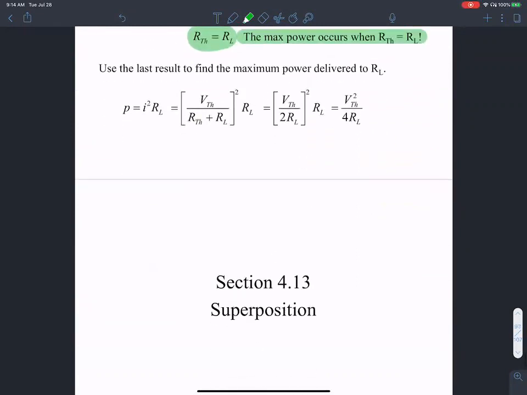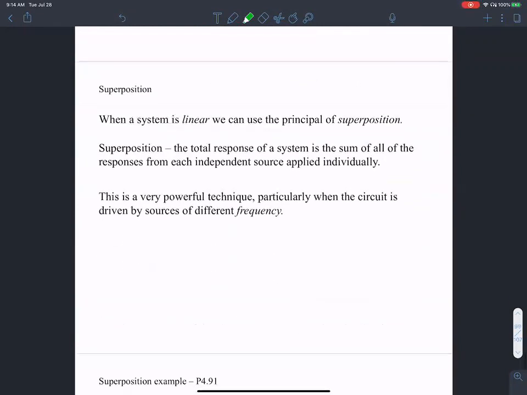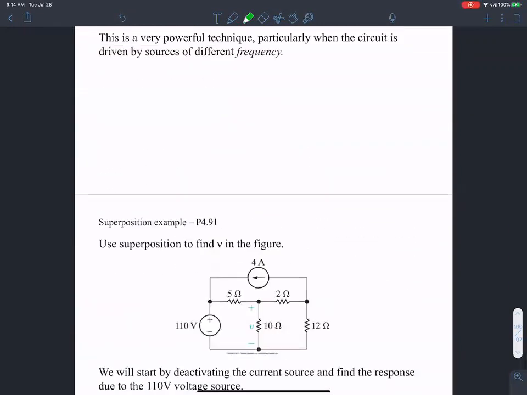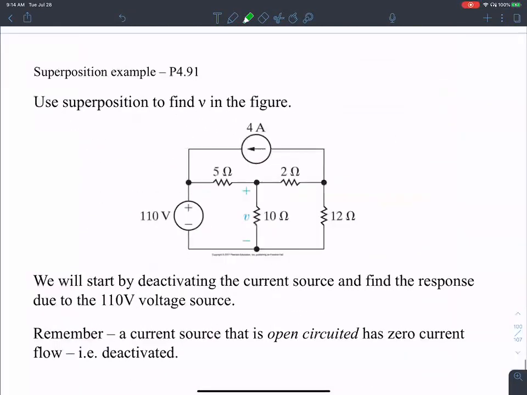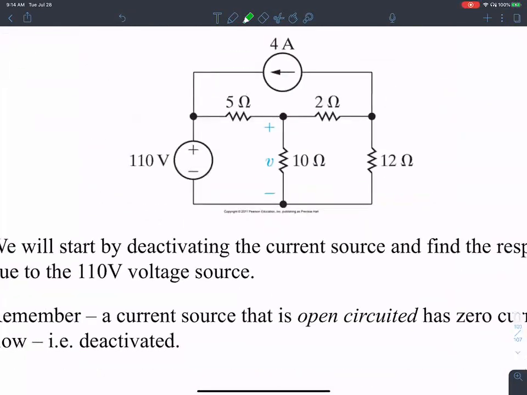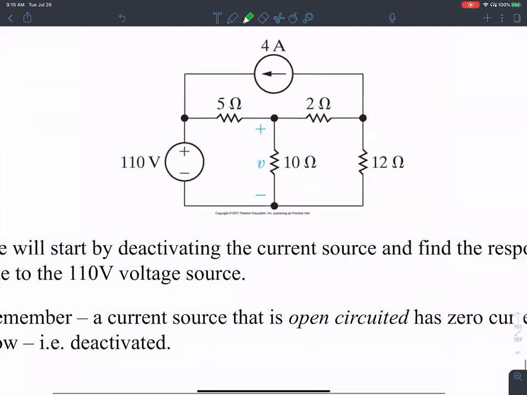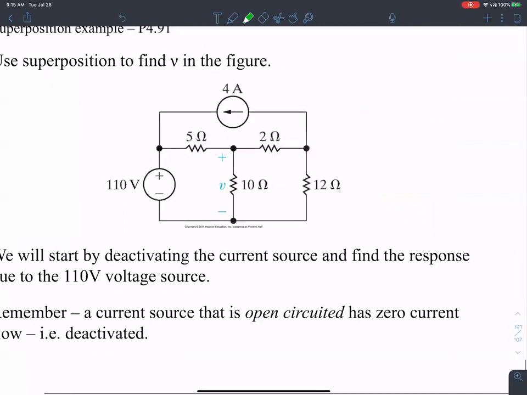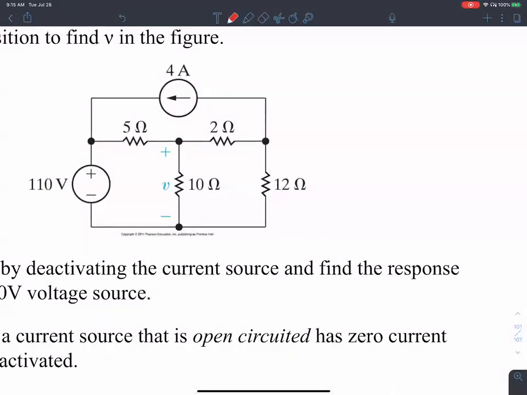That's all there is to the idea of the maximum power transfer theorem. And the idea of superposition: there are two independent sources here, right? In order to simplify the analysis of the circuit, I can break this circuit into two equivalent circuits.